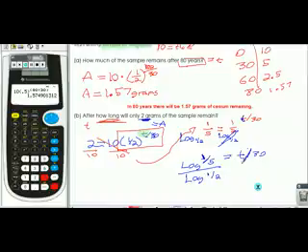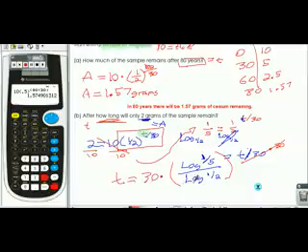Almost finished. To solve for t, t is being divided by 30, so to get rid of that, we're going to multiply by 30. That'll clear out that denominator and give me t all by itself over here. What I do to one side, I do to the other. And now I have isolated my t.